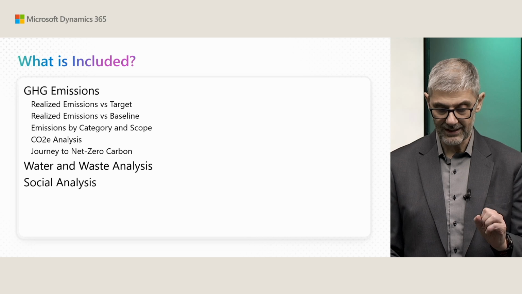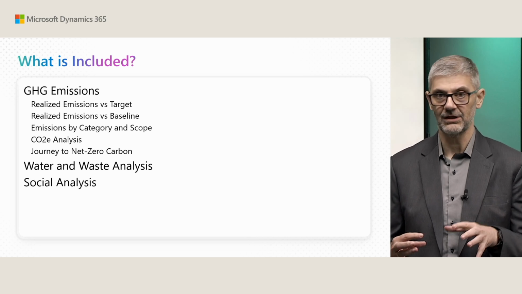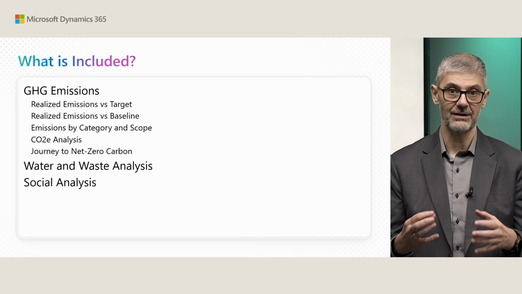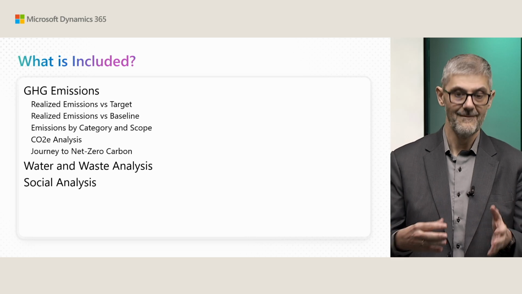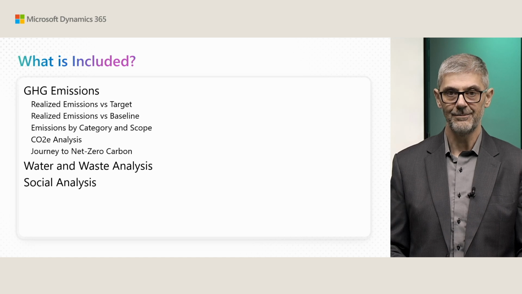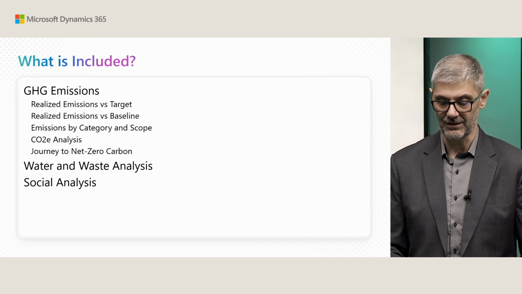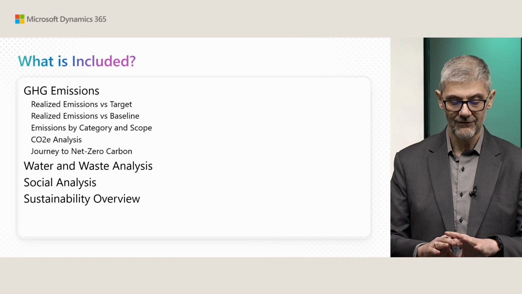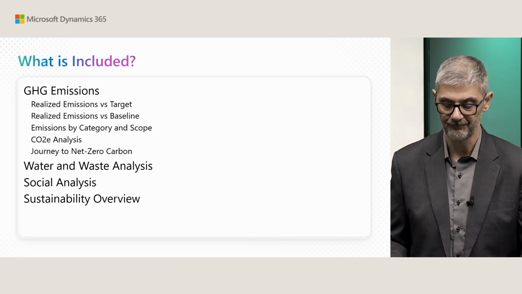And one more thing, social analysis. Even if this is not related directly with sustainability, it is related to ESG reporting, so this part is related to social governance. So we enable one report related to social analysis. And on top of that, we have the sustainability overview. So let's turn to the demo.